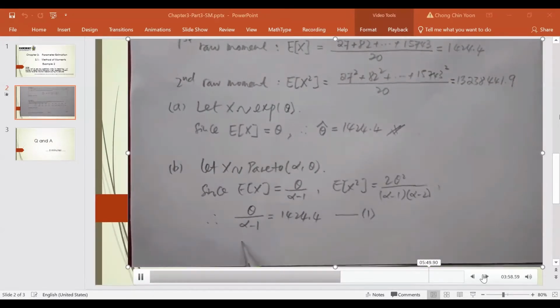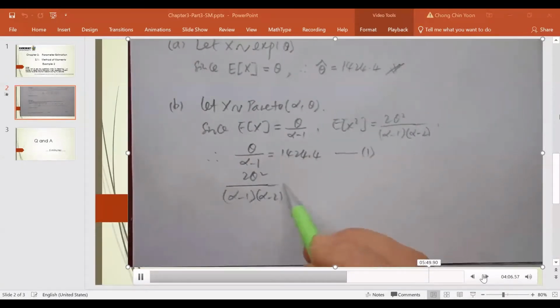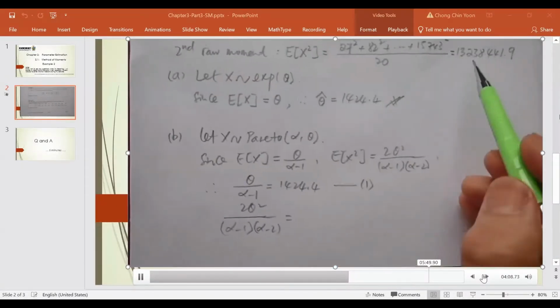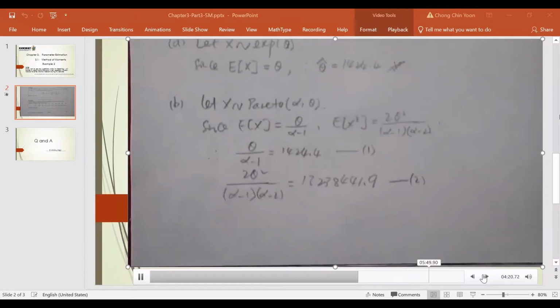So we will have 2 theta square divided by alpha minus 1 and divided by alpha minus 2, which is equal to 13238441.9. So we name this as the second equation.